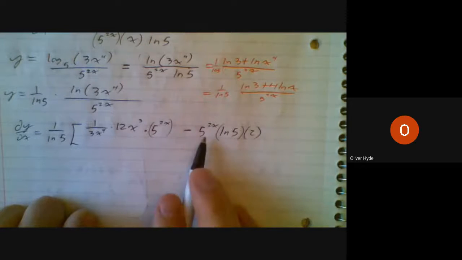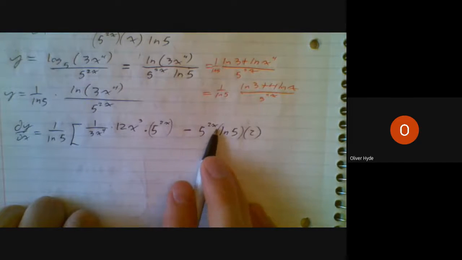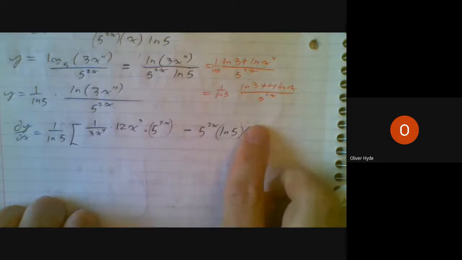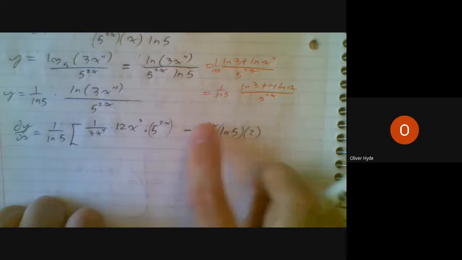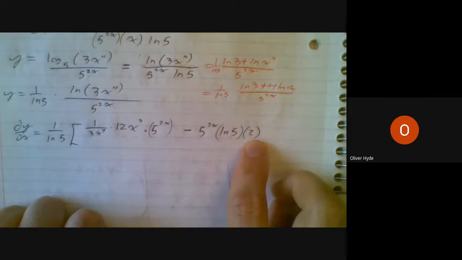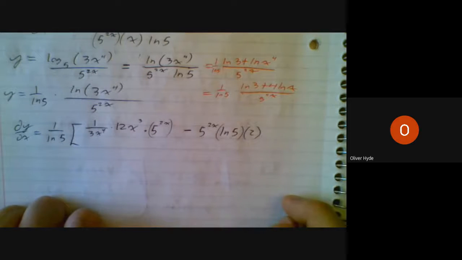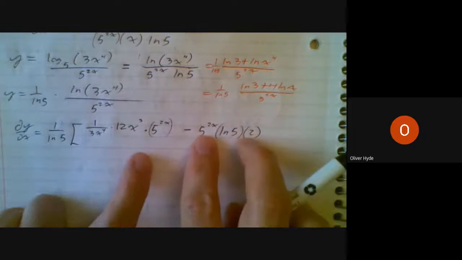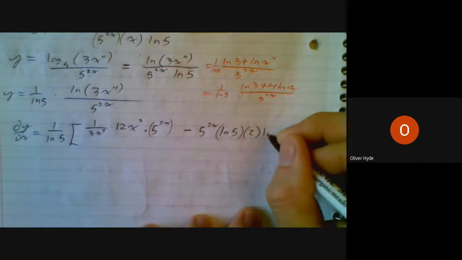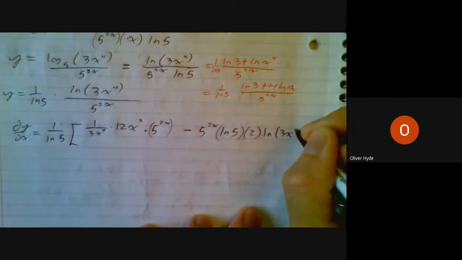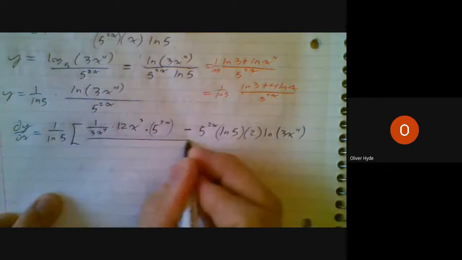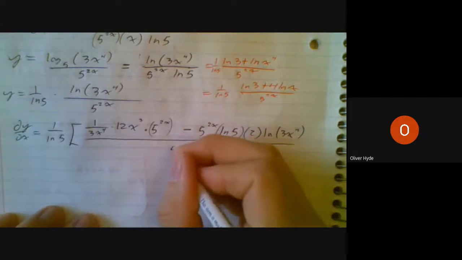Okay, this is the derivative of 5 to the exponent 2x with respect to 2x multiplied by the derivative of 2x with respect to x. That's the derivative of the bottom multiplied by the top. All over the bottom squared.